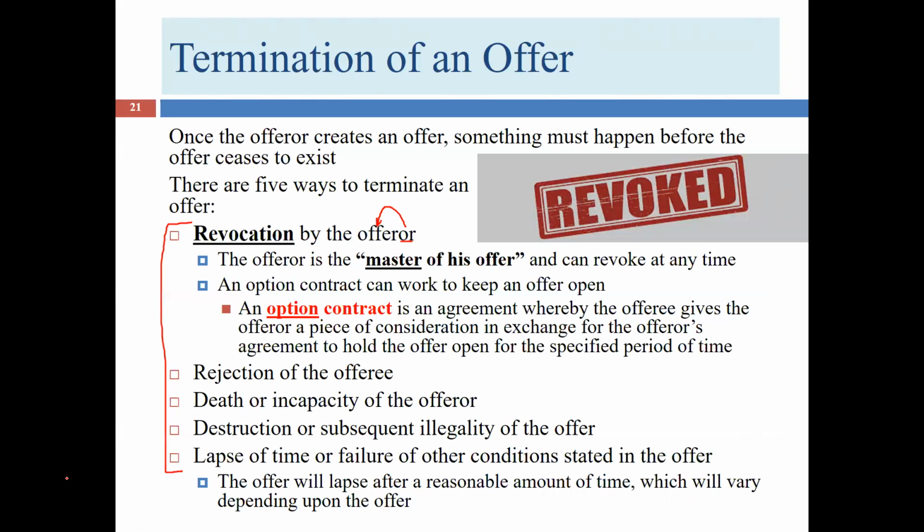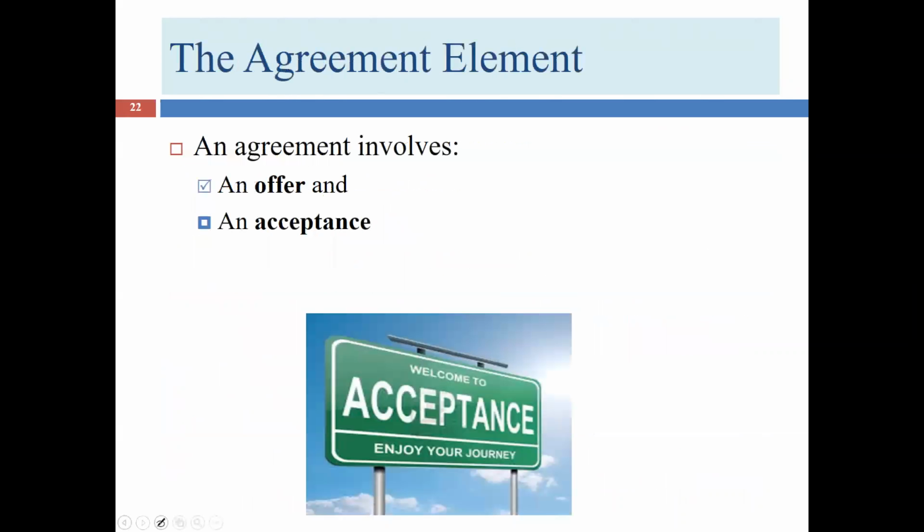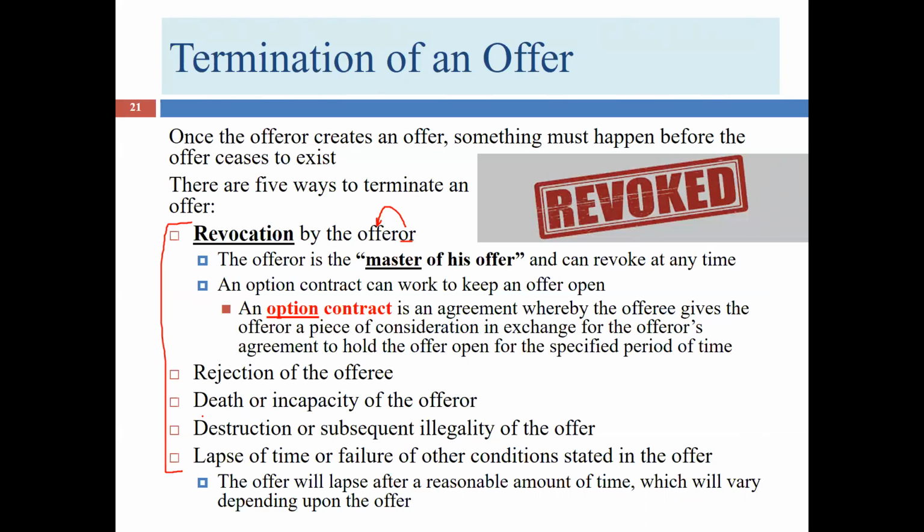It is their own choice whether they enter into them or not, and they get to choose all the ins and outs of what the offer is going to be. So when we say the offeror is the master of his offer, he or she gets to pick exactly what is in the offer and gets to decide all of the ins and outs of that offer. This is exactly what the offeror wants.